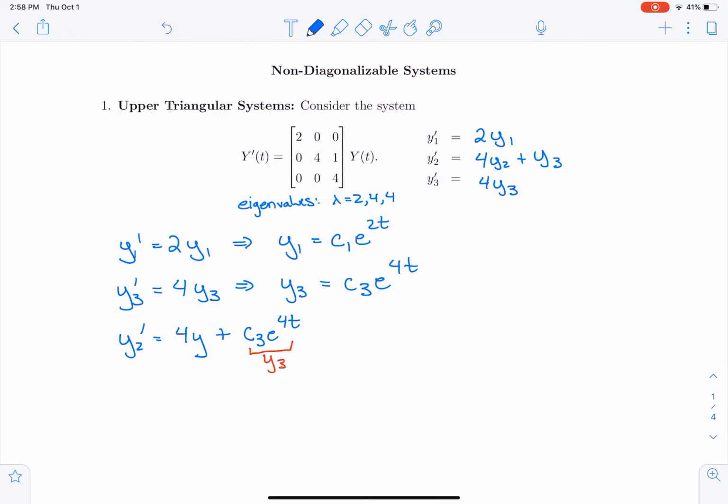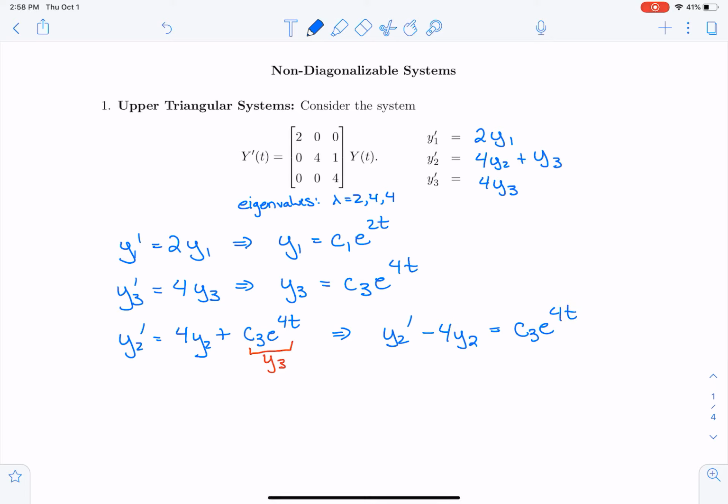I'm going to rewrite this in a more familiar way: y2 prime minus 4 y2 is equal to c3 e to the 4t.